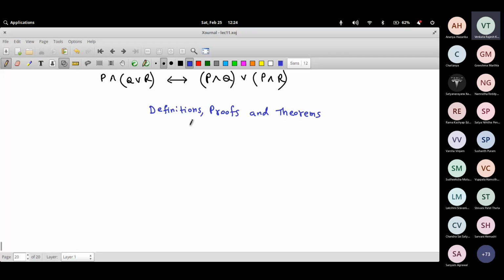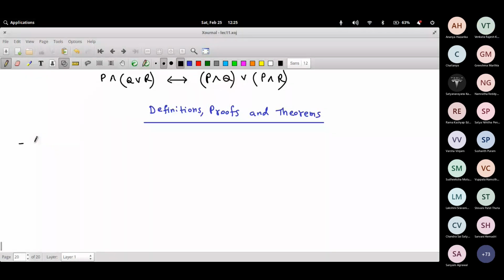You see, this course, being a theoretical course, has lots of definitions, lots of proofs, and lots of theorems. All right. So although you know in general what a proof is, what a theorem is, and what a definition is, we will just quickly revise them so that it's helpful for this course.